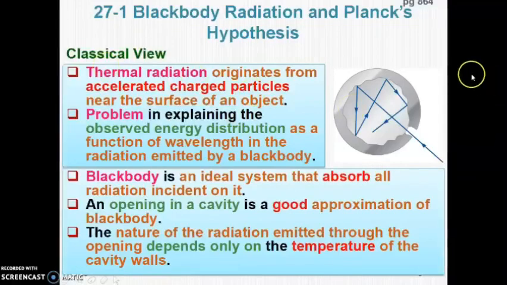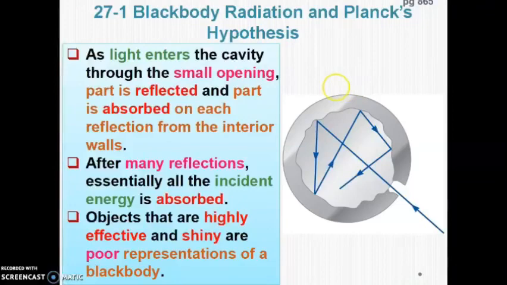Here you have a diagram of the black body. You have a small opening, and here you have the incident light. As light enters the cavity through the small opening, part is reflected and part is absorbed on each reflection from the interior walls.